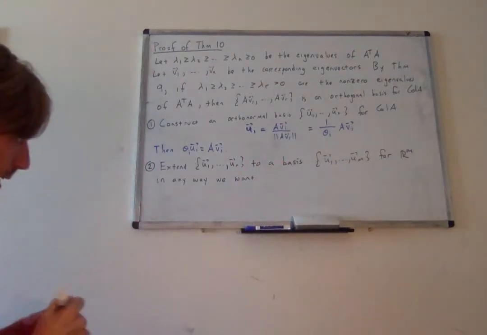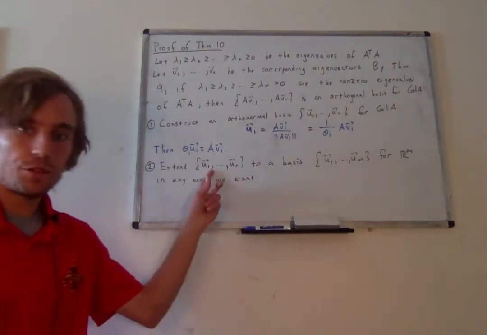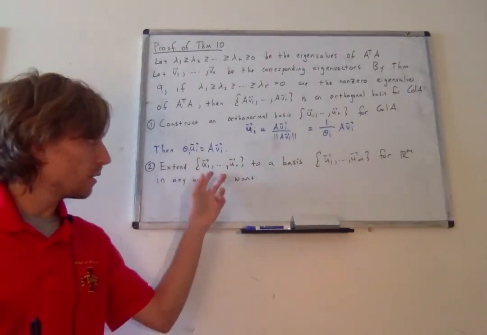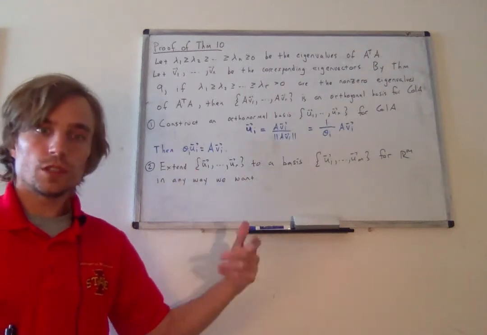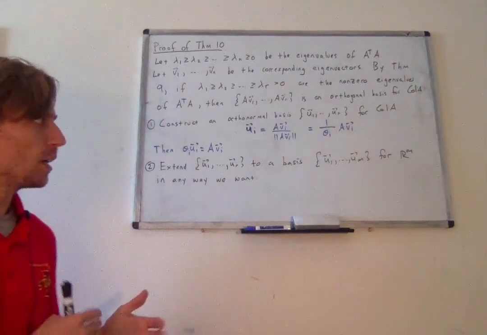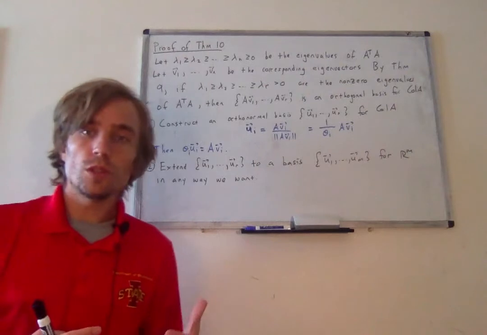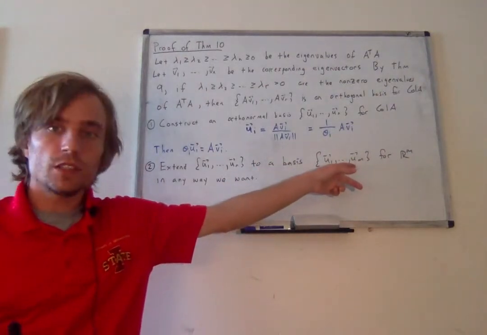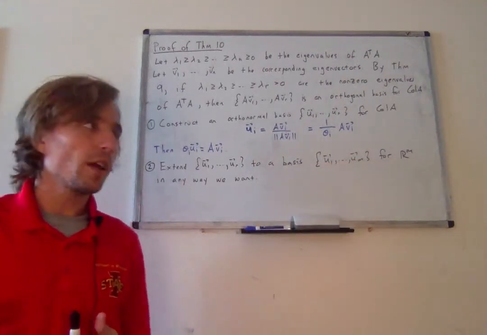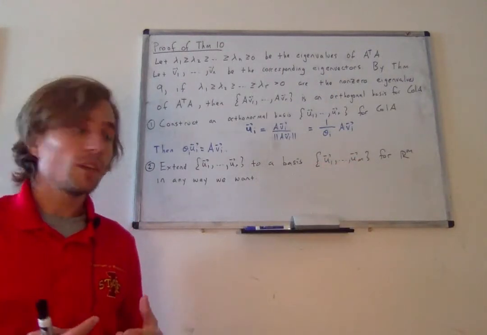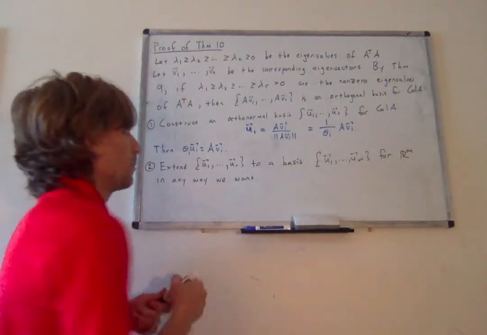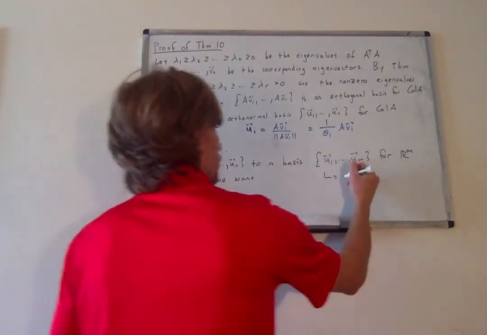So what this means is that if this set has fewer than m vectors, remember all of these vectors are linearly independent, and we have the tools to do this from when we studied bases. We just add linearly independent vectors to this set until we have a basis for Rm. But specifically, we want to add vectors in a way that preserves this basis as orthonormal.